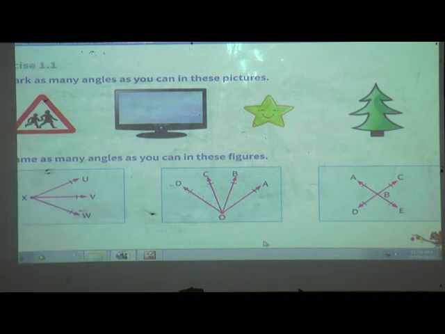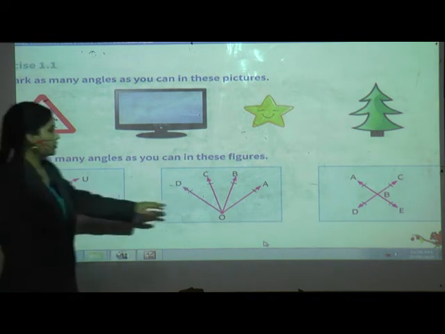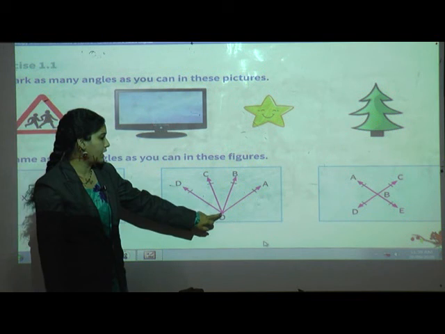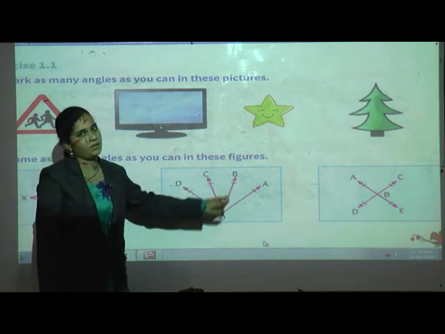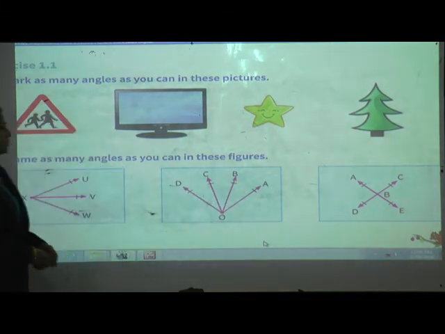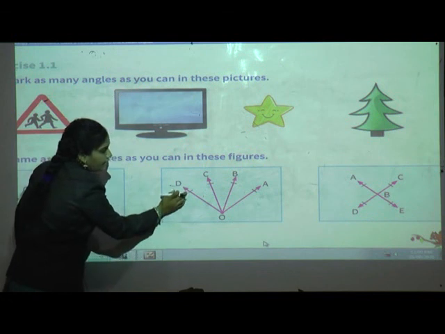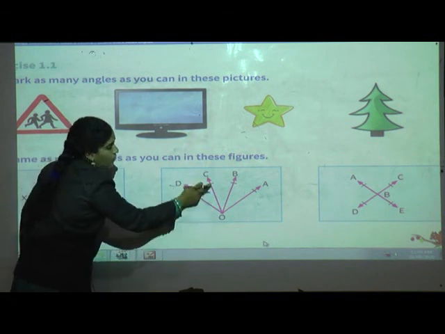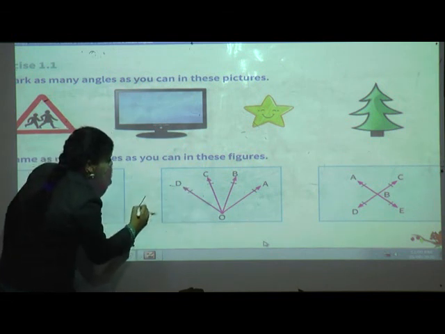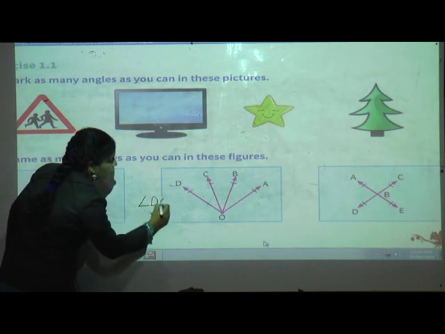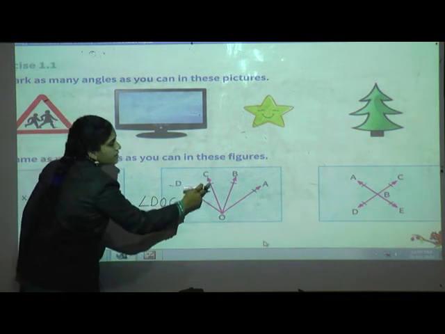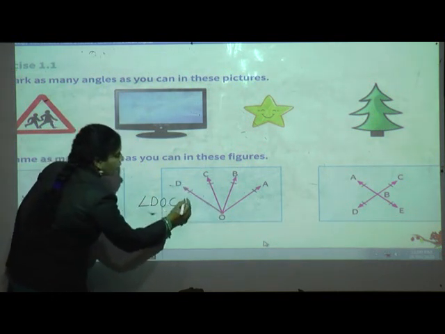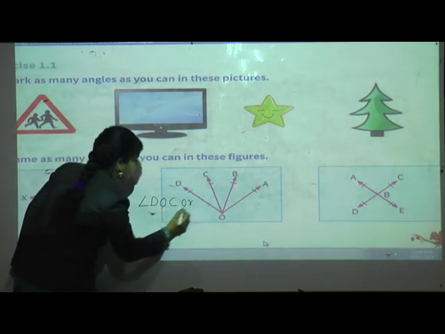Second figure. See, here are also so many rays. Ray OD, ray OC, ray OB, ray OA. Now, students, see, here are some angles. Angle DOC. Again, we can write it as angle COD.